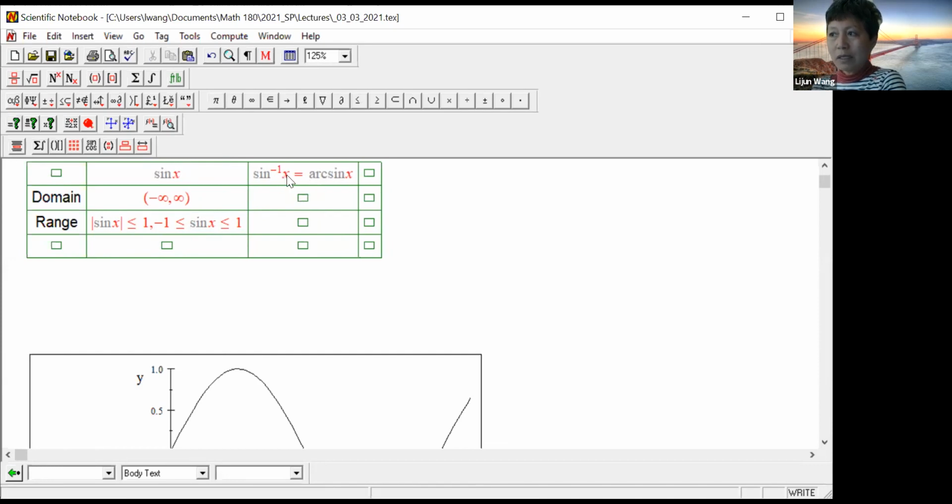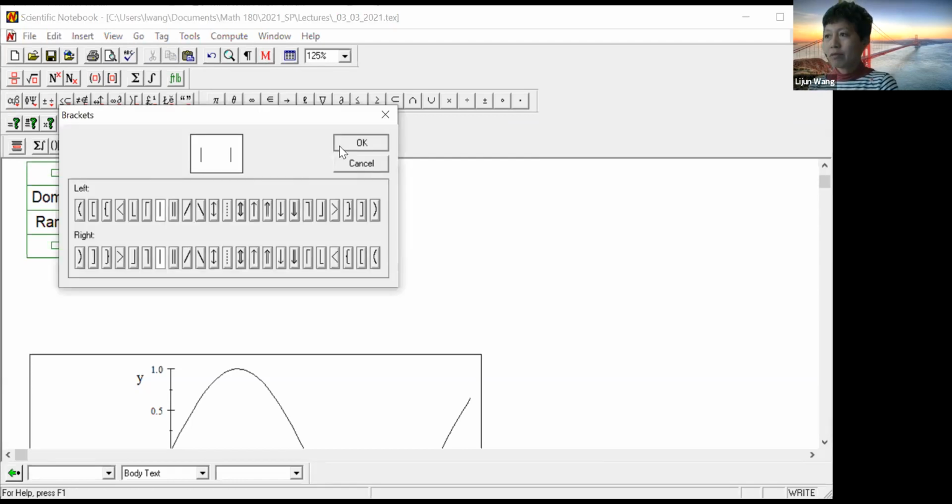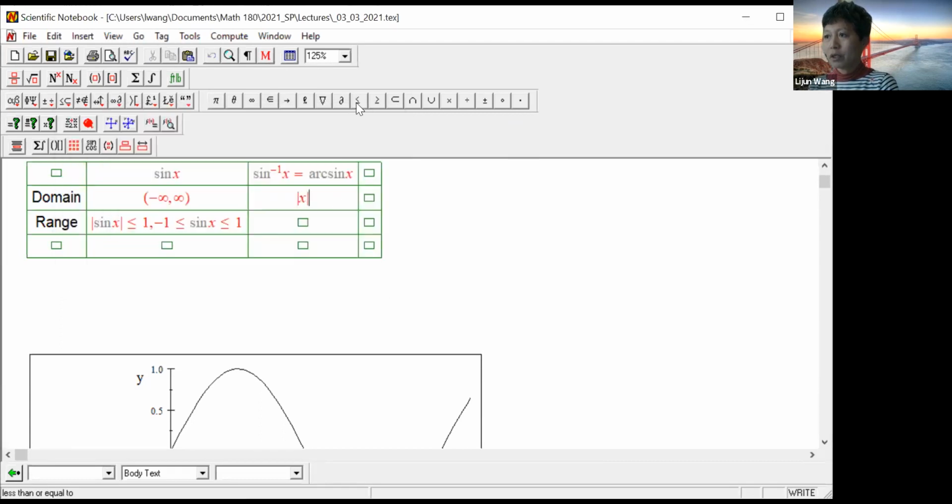If I use that placeholder, which is commonly used, the role of this x is dictated by this arcsine rule. So the domain of x is going to be the absolute value of x less than or equal to 1, between -1 and 1, because it's a ratio. And what is the range?